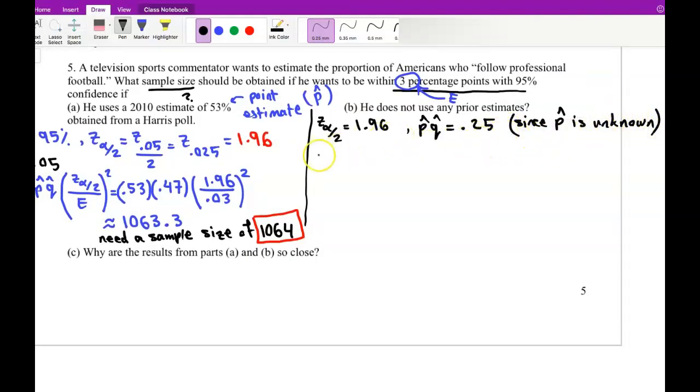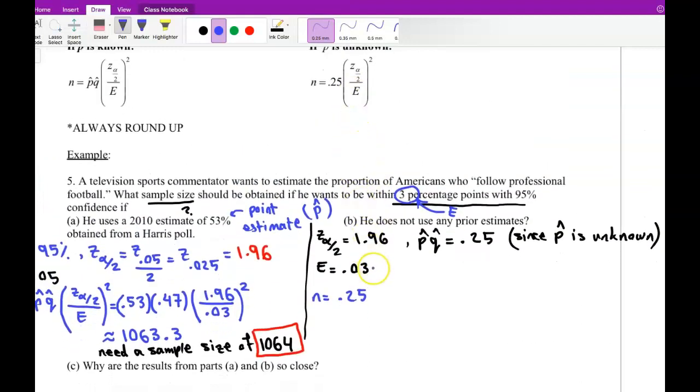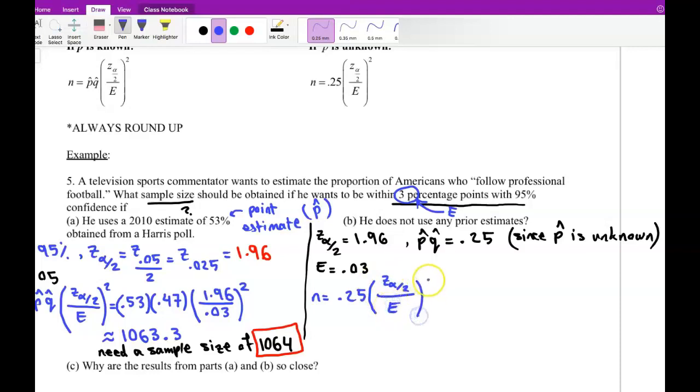And E is 3% again. Now finding n. n is 0.25 times critical value divided by error, squared.